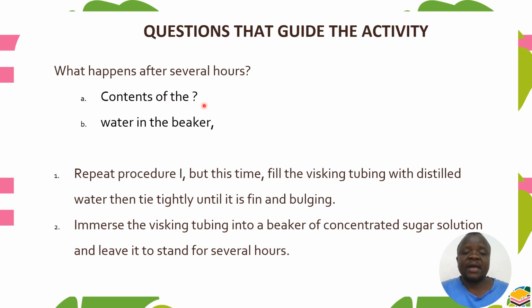Contents of the Visking tubing, water in the beaker, and again you have to repeat the procedure 1, but this time you fill the Visking tubing with distilled water, then tie tightly until it is now fixed and bulging. Then you immerse the Visking tubing into a beaker of concentrated sugar solution and leave it to stand for several hours.